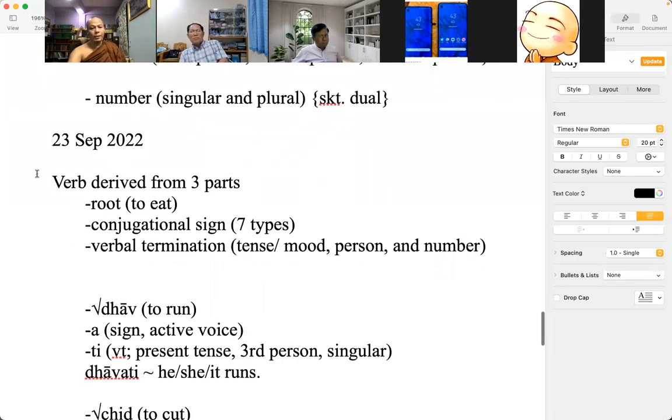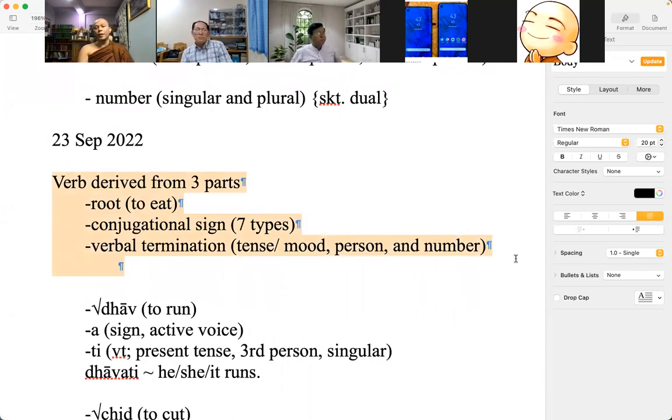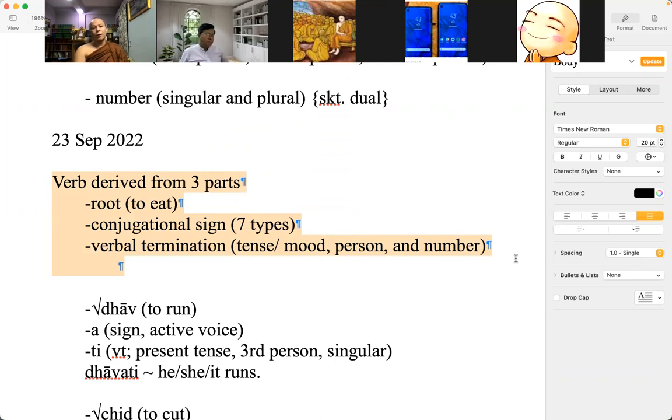So in this lesson, we learn about how to form a verb. In Pali, basically, a verb is derived from three parts. Combining these three parts, we have the verb form.